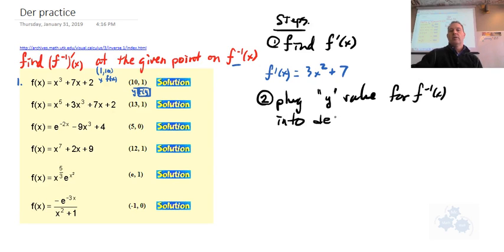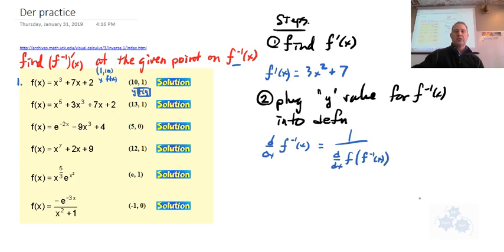Again, we'll rewrite that definition. The derivative d dx of f to the negative 1 of x is 1 over d dx of f, evaluated at f to the negative 1 of x. I'm sorry, but you're just going to have to memorize this ugly thing.